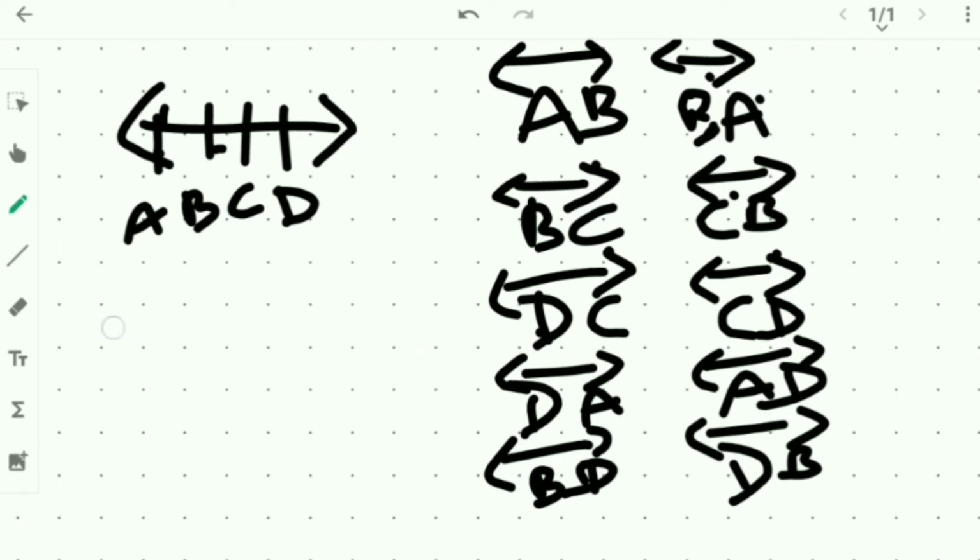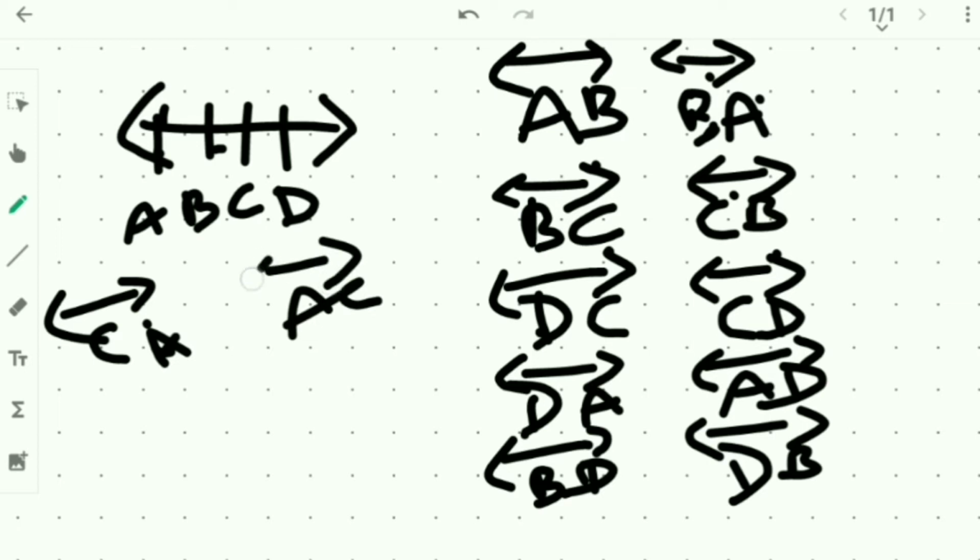Then CA, AC. So how many ways were there? 1, 2, 3, 4, 5, 6, 7, 8, 9, 10, 11, 12. You've got 12 different ways. Okay, I hope this question is clear.